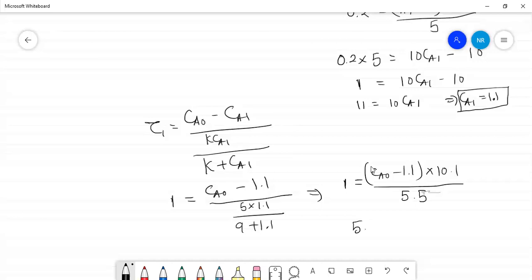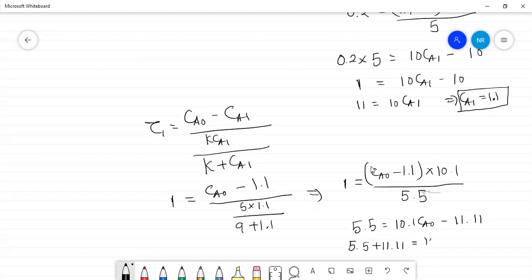So 5.5 is equal to 10.1 CA0 minus 10.1 multiplied by 1.1, which is 11.11. So 5.5 plus 11.11 is equal to 10.1 CA0.